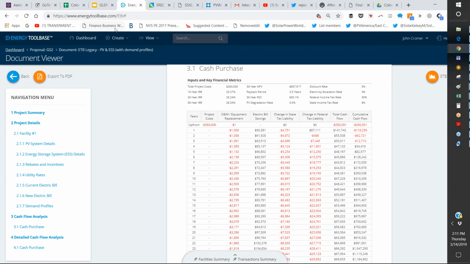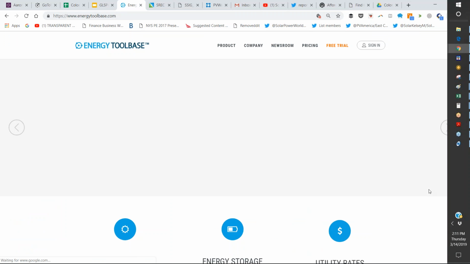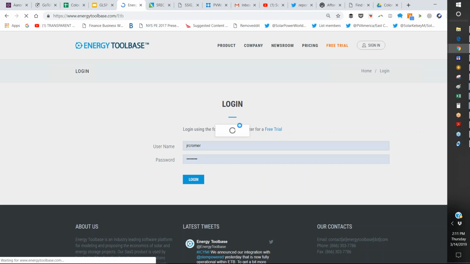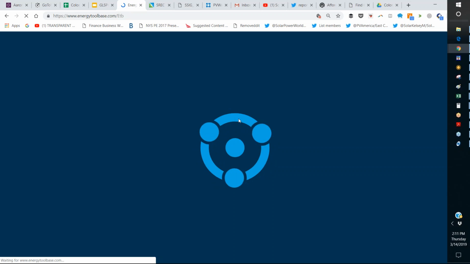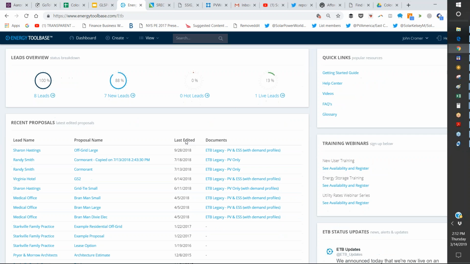But what we're doing on a spreadsheet, not only does Energy Toolbase integrate financing into it, so you can model what the array looks like on a 7-year term or a 20-year term, and determine the interest rates associated with that.